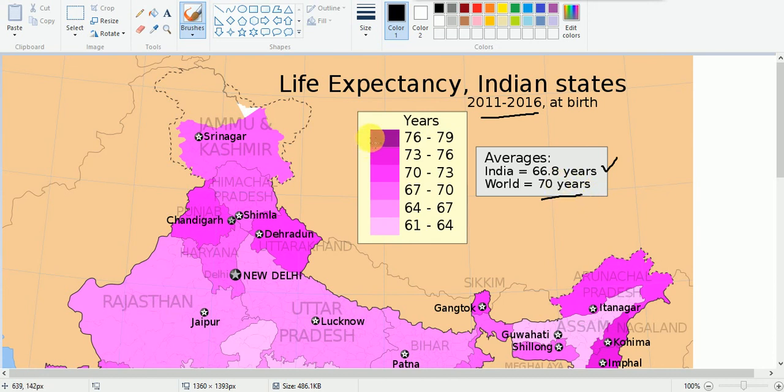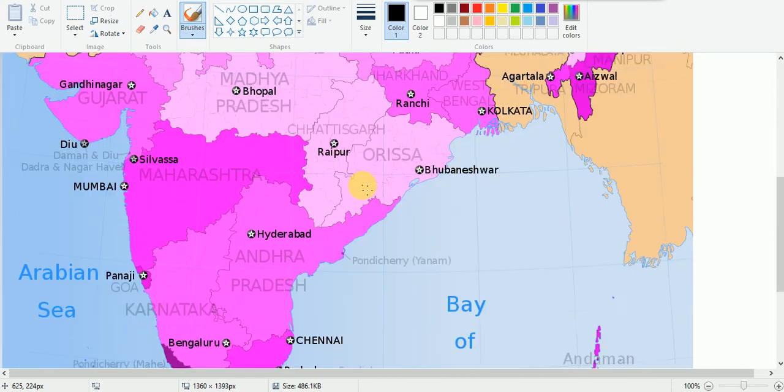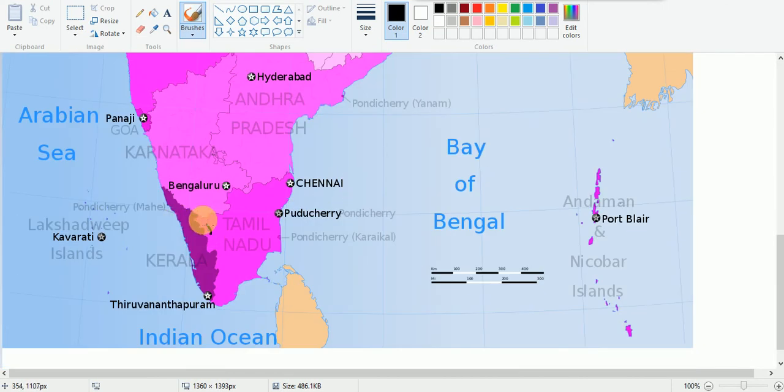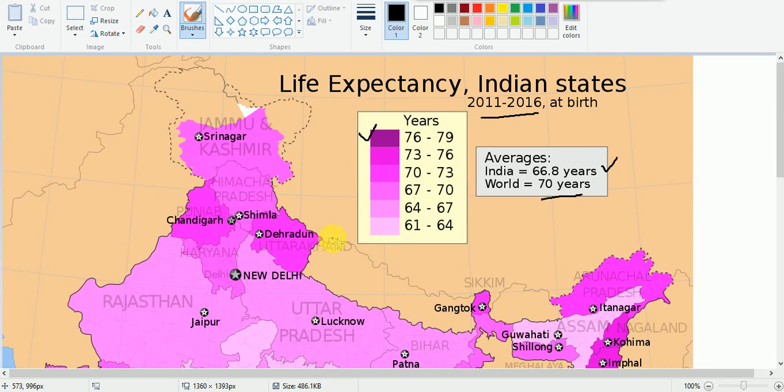And see the color code, and the darkest color shows 76 to 79 years. And when you see this map, see Kerala again. Kerala comes at the top. See, the life expectancy of Kerala is between 76 to 79 years. That means most of the Kerala people can live up to the age of 79.